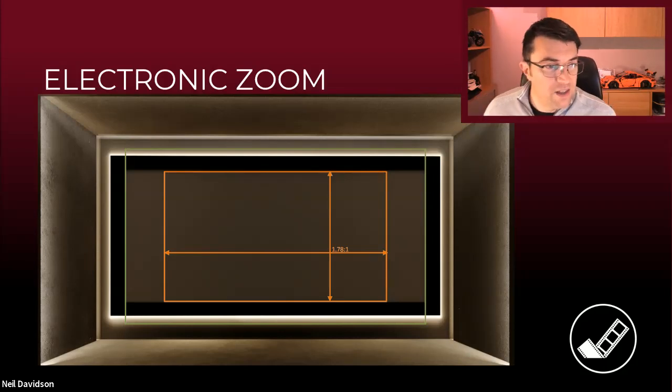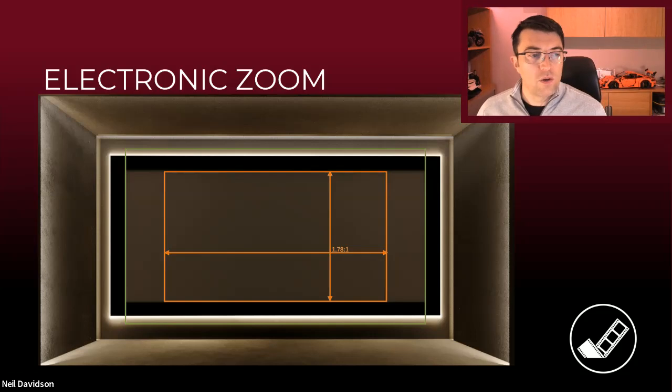Okay. We've had another question come in here. Okay, this is a good question. So if we are using a media player and the output is set to 1.78, then all the media is in that, even if it's 4:3 content. Now, how can a projector or a video processor detect that?